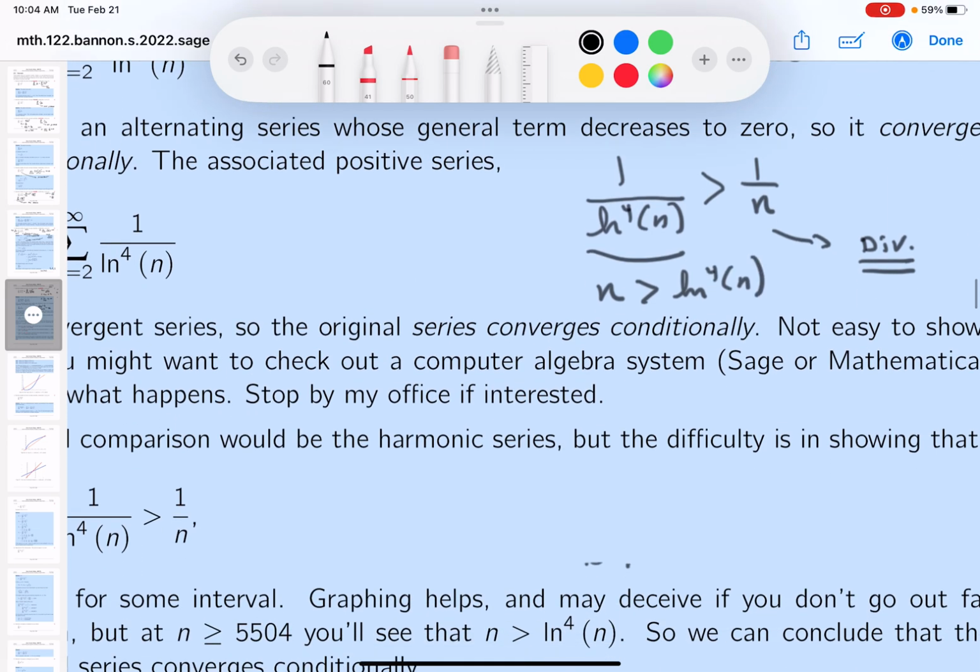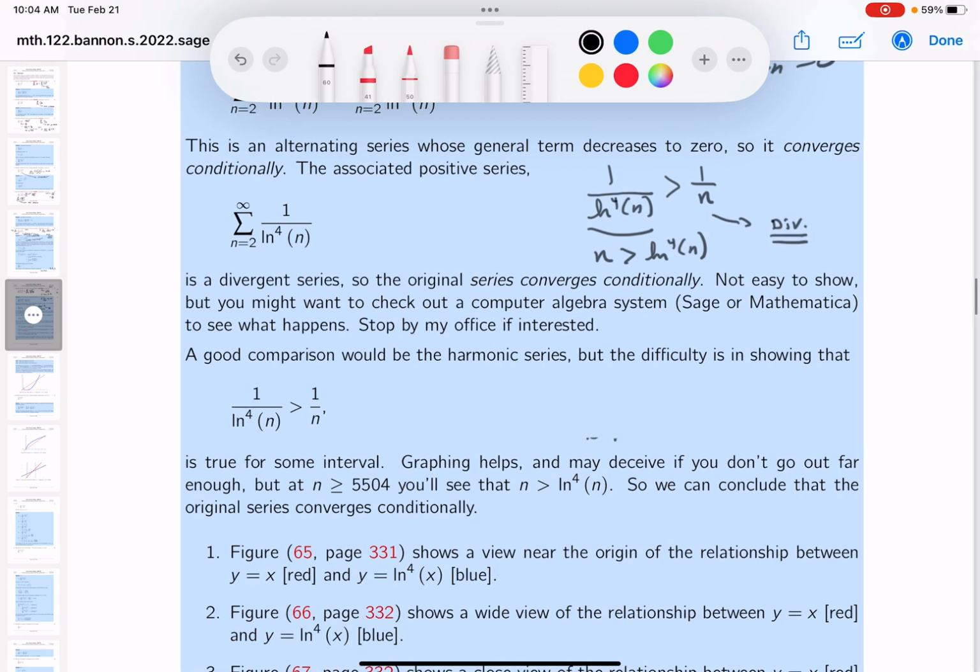So what I would recommend doing is using technology. I'm going to graph out two things. I'm going to graph out y equals x, that's this thing over here, by the way. And I'm going to graph this out over here, and that would be y equals the natural log to the 4th power of x.